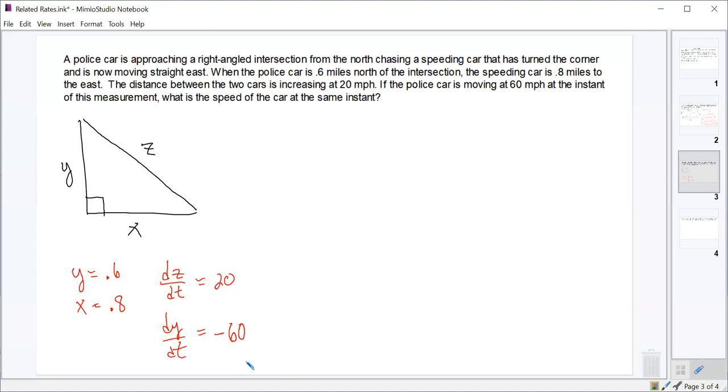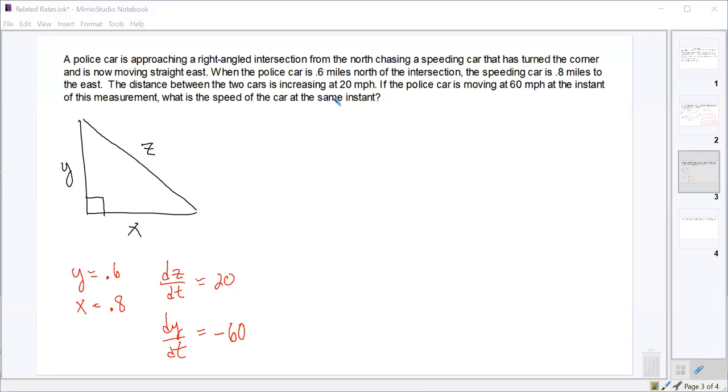So anytime the distance is decreasing, its rate of change has to be negative. And if the distance is increasing, like dz/dt says it's increasing at 20 miles an hour, then that's a positive value. Everybody good with that? Okay.